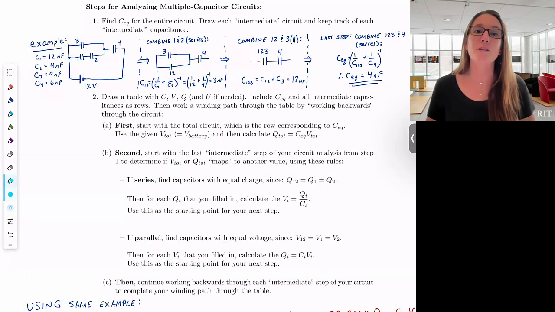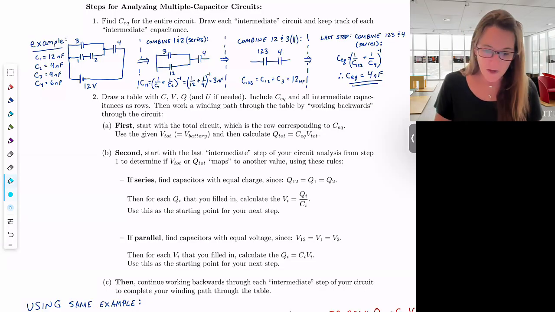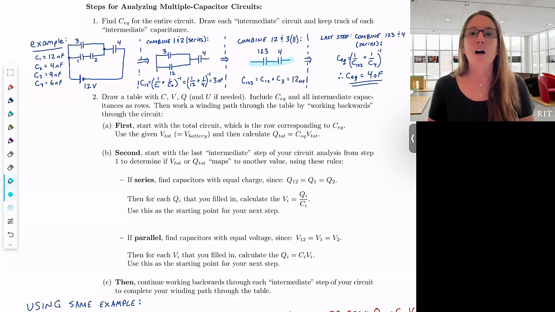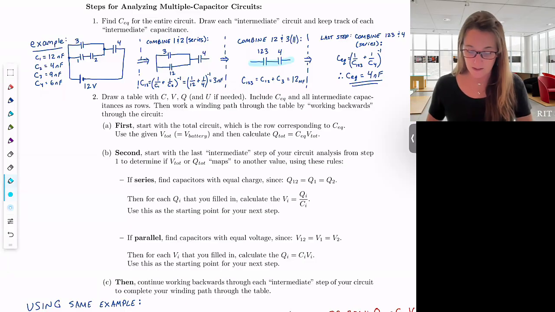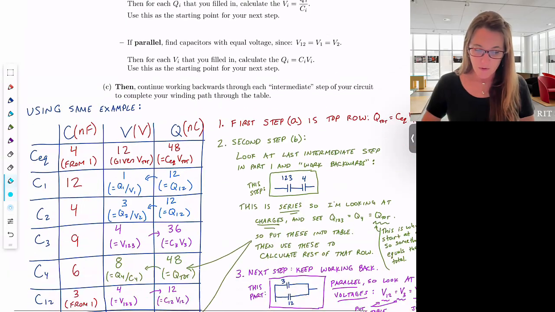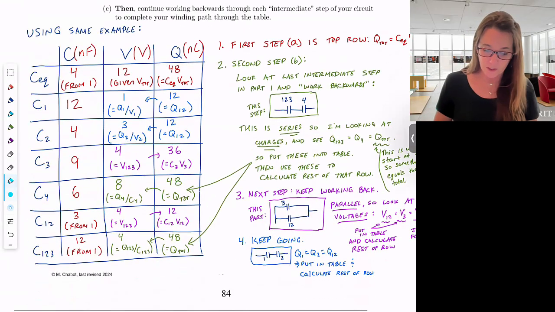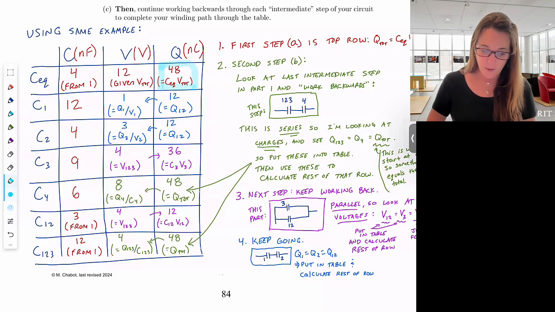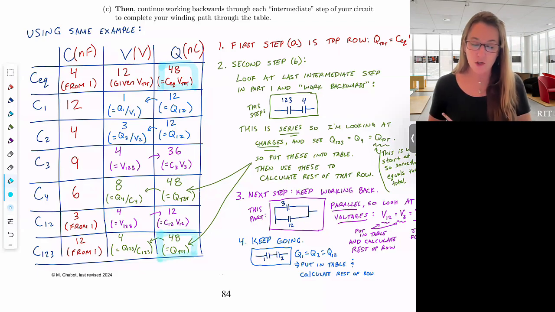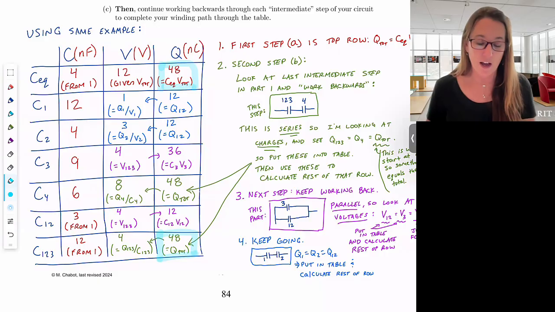So here's the initial list of steps, as well as another example that I'm showing again. You can see here that the last step was a series step versus the parallel step that we just did. Since the last simplification of finding CEQ resulted in a series step, at the table stage we can see that it was the total charge on the capacitor which mapped to one of the intermediate values.